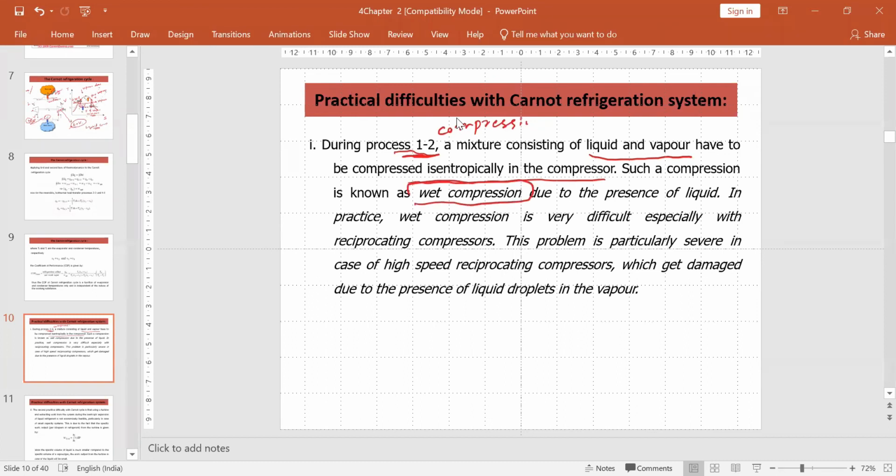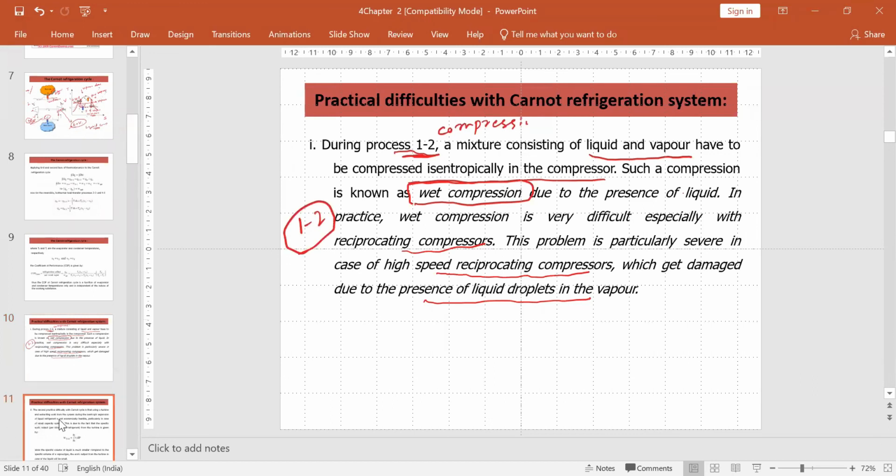Always remember, as an engineer, the wet compressor is very difficult, and wet compressor means presence of liquid. In practice, wet compression is very difficult, especially with a reciprocating compressor. The problem is particularly severe in a high-speed reciprocating compressor, which gets damaged due to the presence of liquid droplets in the vapor. So this is the problem during the compression process 1 and 2.